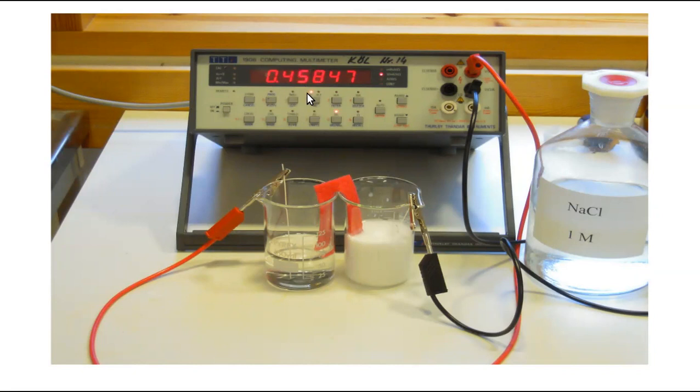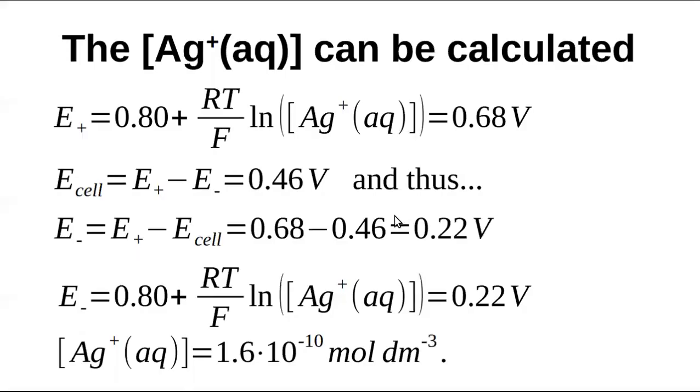So what does it mean? It's a high concentration, this 0.01 still in the left beaker, and here is a low concentration. I have it connected to the negative pole here of the voltmeter. So let us see, can we use the Nernst equation?